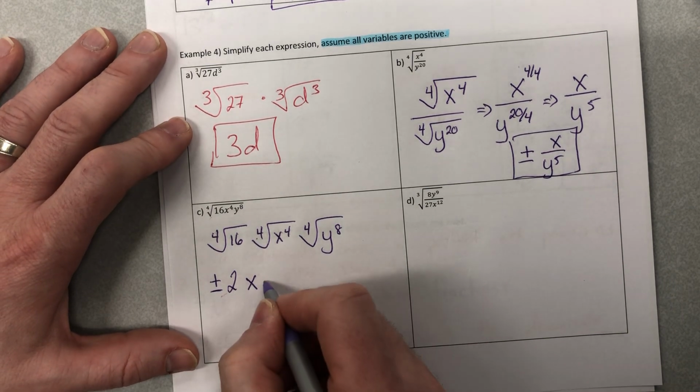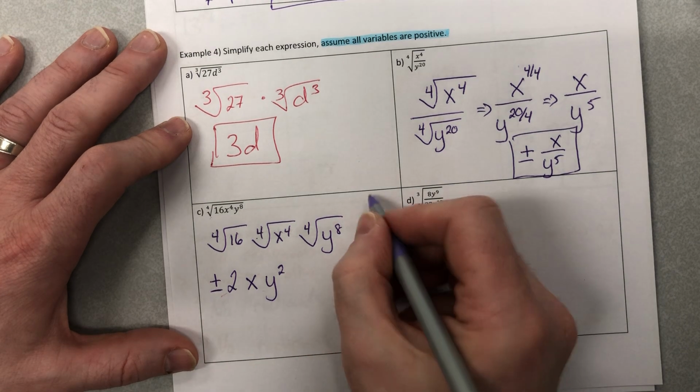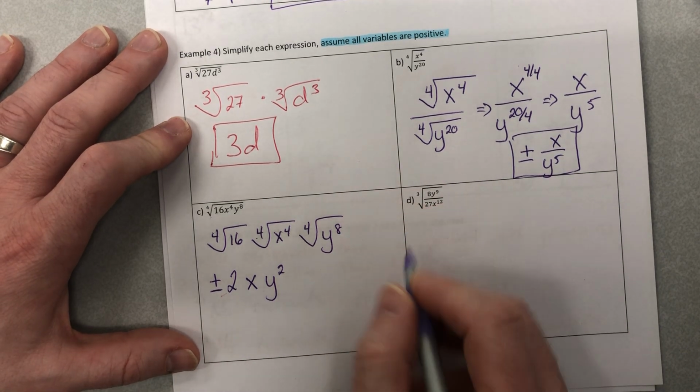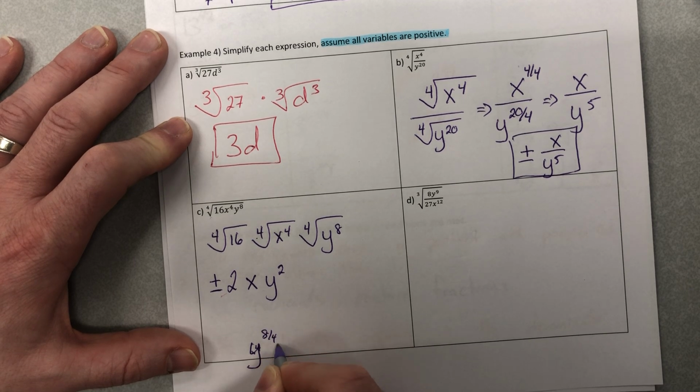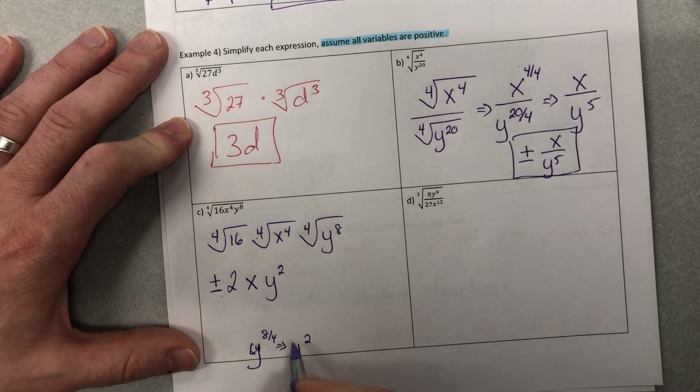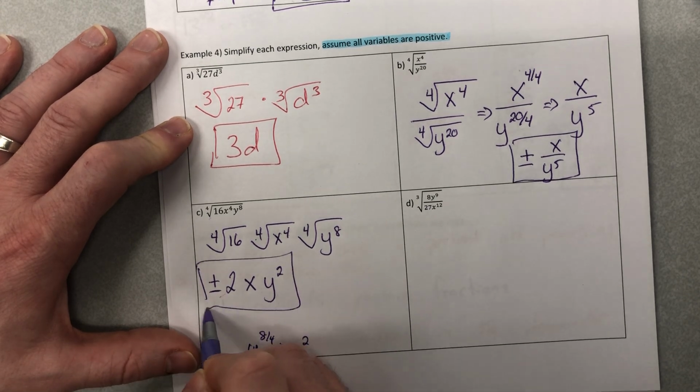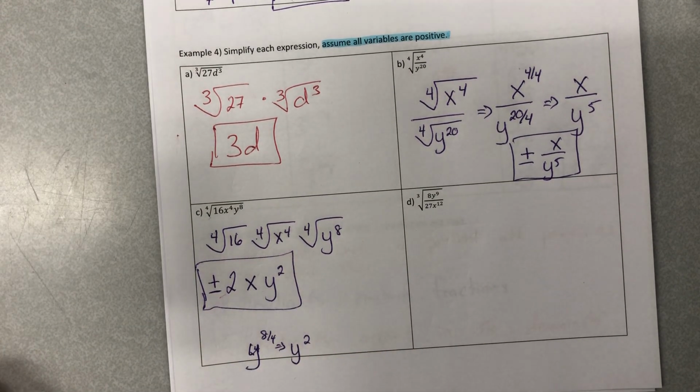And the next one would be y squared, and just think, if I rewrote it down here at the bottom, y to the 8 over 4, that's really going to give me y squared. Just using our same rule: the numerator's the power, the denominator's the root.